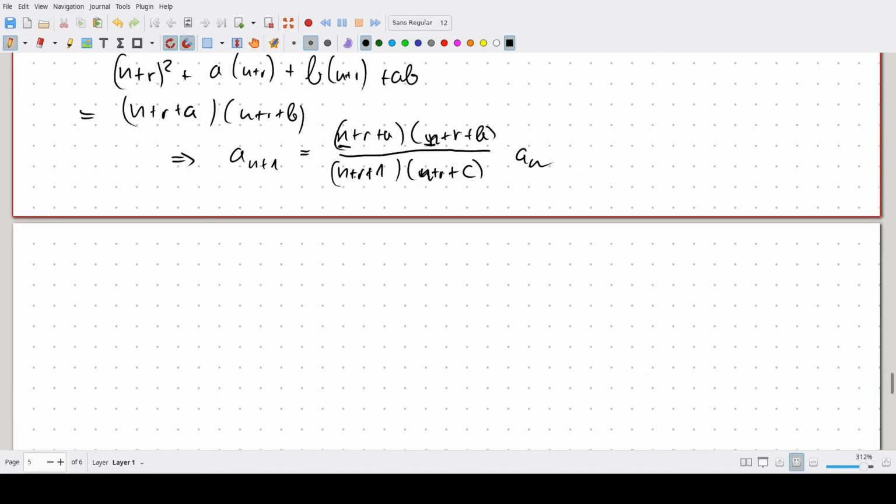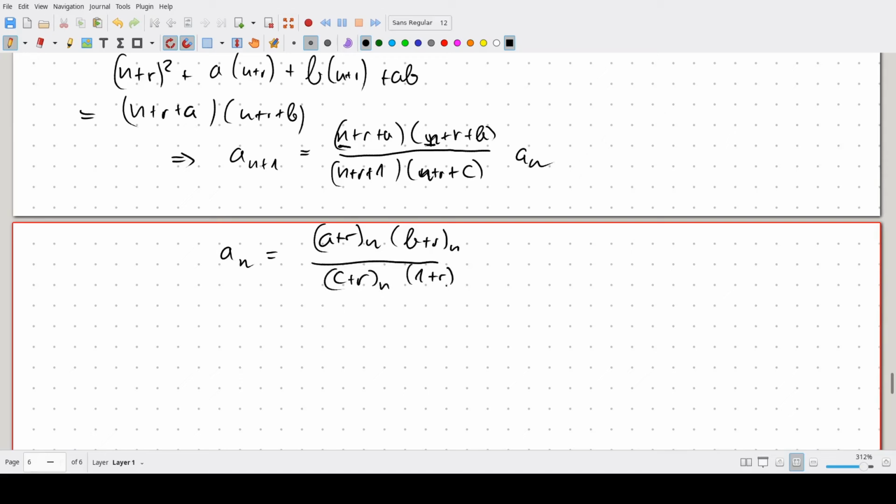And we can again write this in terms of rising factorials, and we will find that a n is equal to (a plus r) n, (b plus r) n, over (c plus r) n, (1 plus r) n, times a naught.